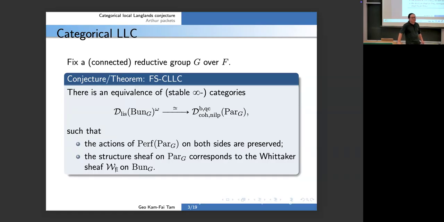Did I understand you to say that the left-hand side is more like the automorphic representations and the right-hand side is more like the parameters? Yes, the representation side and the Galois side. Can you explain what Par_G is? Later on, I will give a description. I just gave the statement straight away, but as I said, later I will describe these objects. Par_G is defined using the dual group.